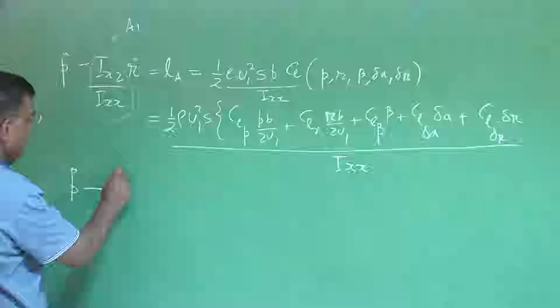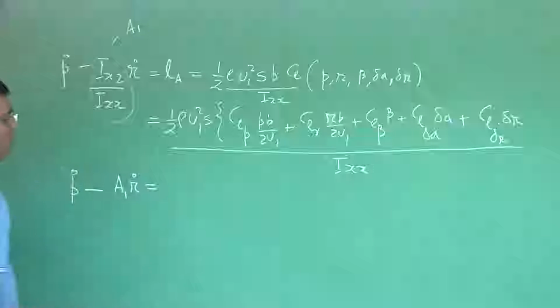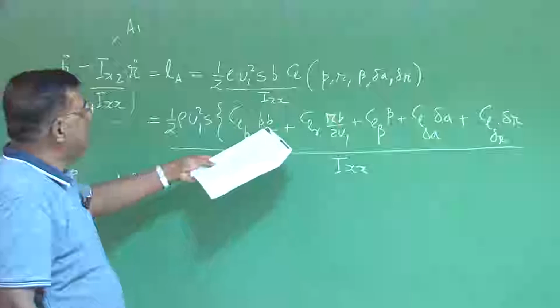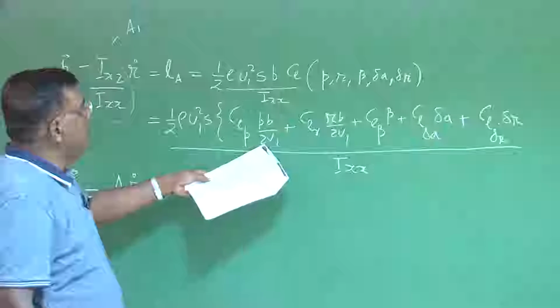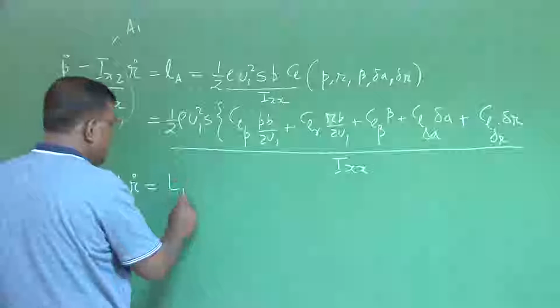So, minus A1 R dot equal to half rho u1 square S B into B by 2 u1 into CLP by Ixx. This we are writing as LP.